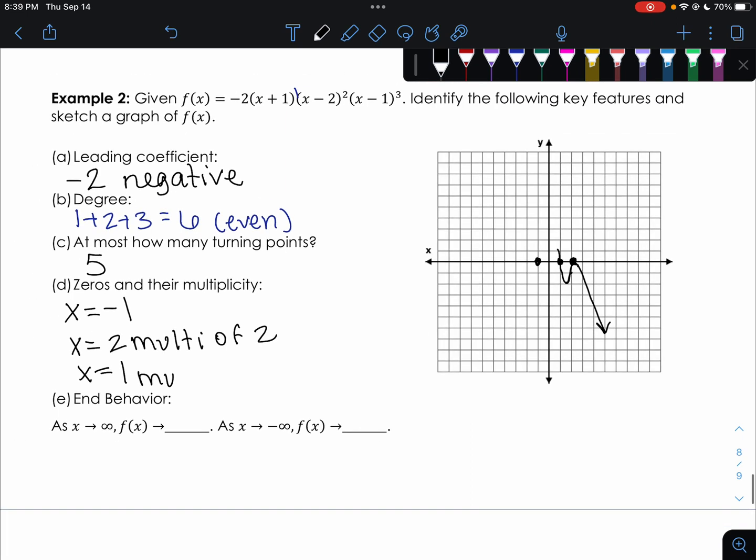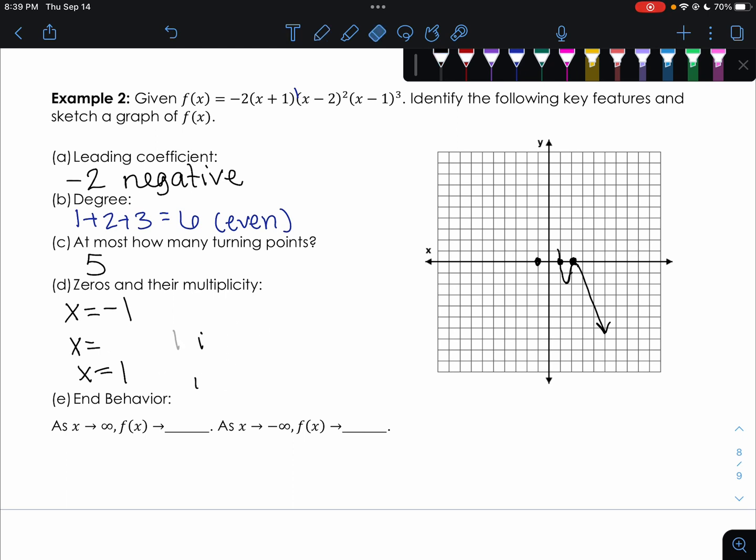And at 1, it has an odd multiplicity, so it is going to divide the coefficients and go from there. Not divide, I'm sorry. It has a multiplicity of 1, 2, 3. Oh my goodness, I'm messing up.